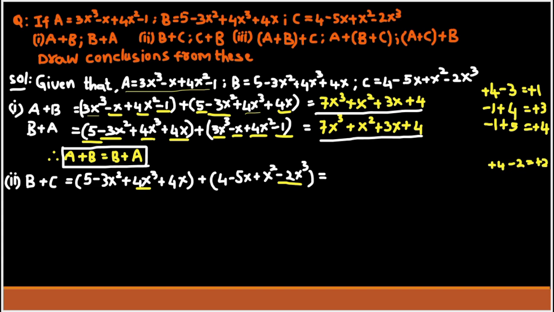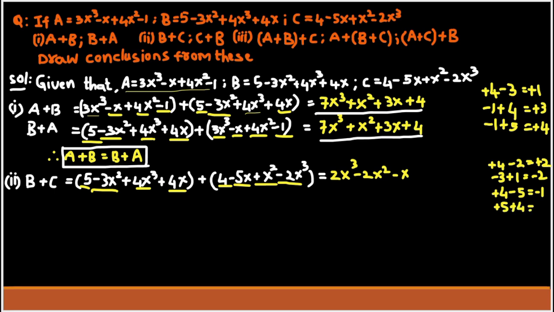Here 4x cube from b and minus 2x cube from c. Here plus 4 minus 2, which is plus 2. So the result is 2x cube, and minus 3x square from b plus x square from c, minus 3 plus 1, which is minus 2.